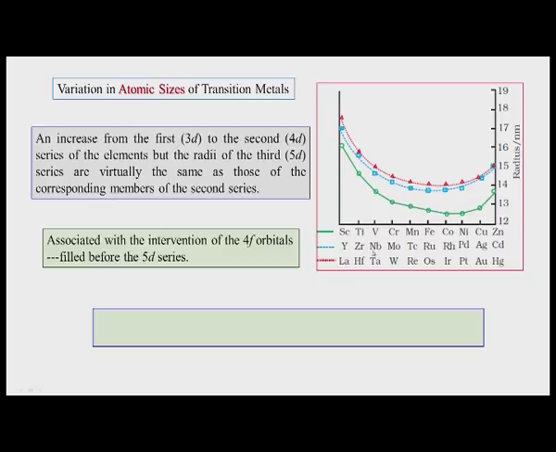Why are these two so close? We see the jump from here to here, but we do not see any jump from here to here. This is because of putting the 4f orbitals or the lanthanoids in between, and when we give the corresponding electrons, the intervention of these 4f orbitals will be there.